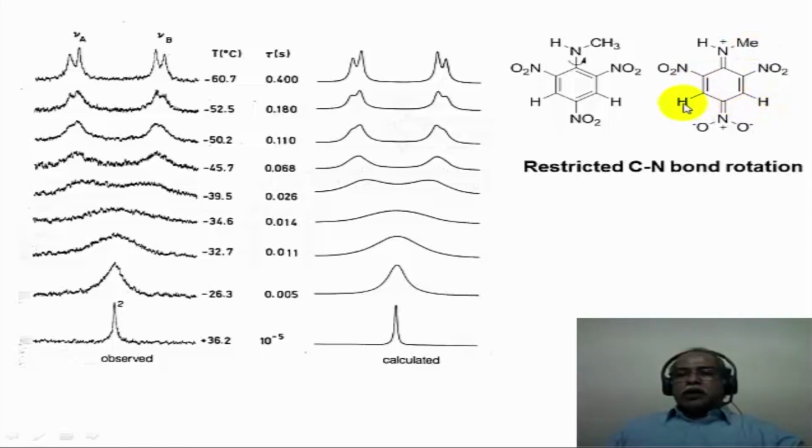Then these two hydrogens are no longer in the same chemical environment, and it should be possible to distinguish them. If there is a coupling between these two hydrogens, which is the meta coupling, this should be a doublet, and this also should be a doublet due to the meta coupling. However, if there is a rapid rotation of the carbon-nitrogen bond, these two hydrogen chemical environments will average out and it will give only a singlet.